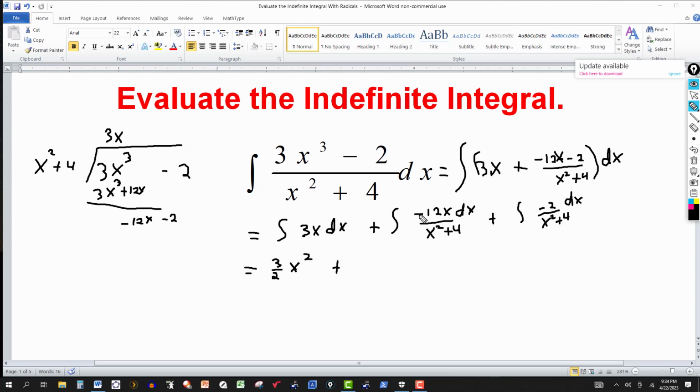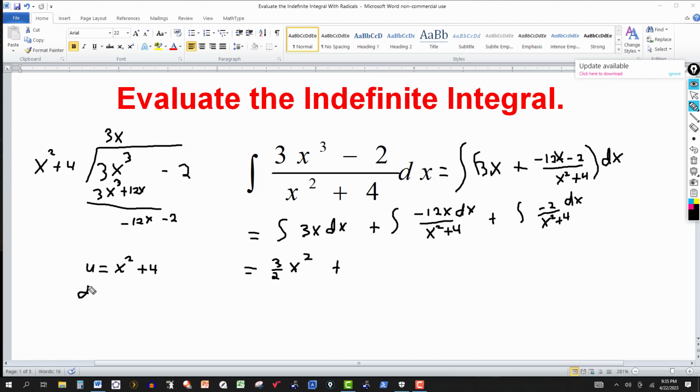Now the next one involves a u-substitution. Anytime you compute the derivative, in this case of the denominator, ignoring the constant, you get 2x, the derivative of x squared plus 4 is 2x, but then I have an x in the numerator. I wouldn't actually do this substitution here, but just so you can see. Let u equal x squared plus 4.